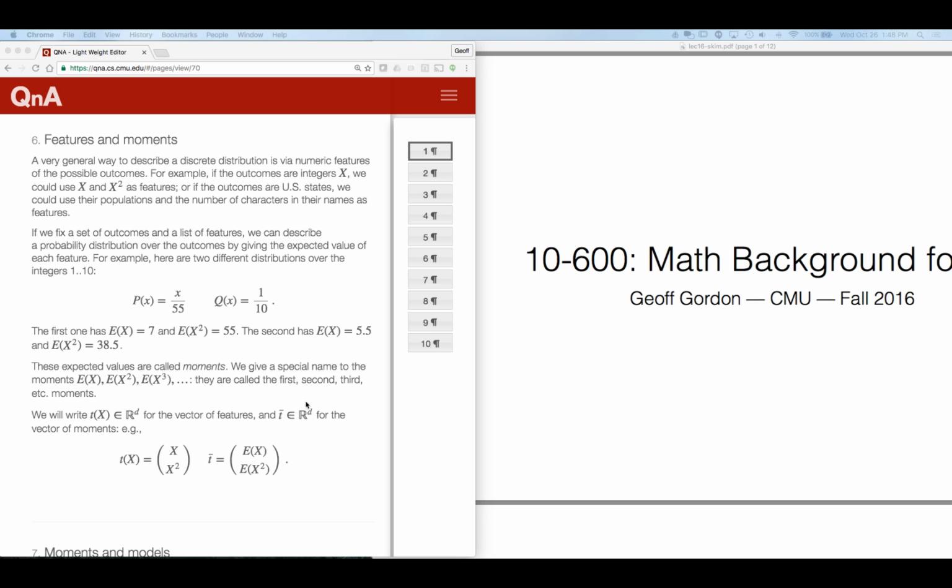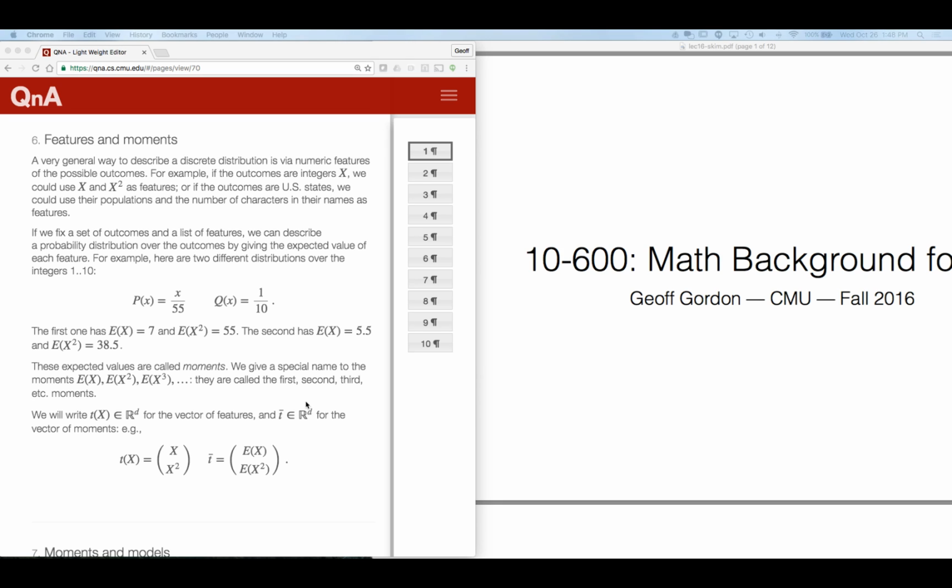It's a curse because there's so much flexibility. For any given problem, you're going to have to think hard to come up with what are the features that are relevant to measure for each one of your outcomes. We'll come up with some examples of that in a little bit, but for now let's assume that the outcomes are integers and that we're measuring features like x or x squared.